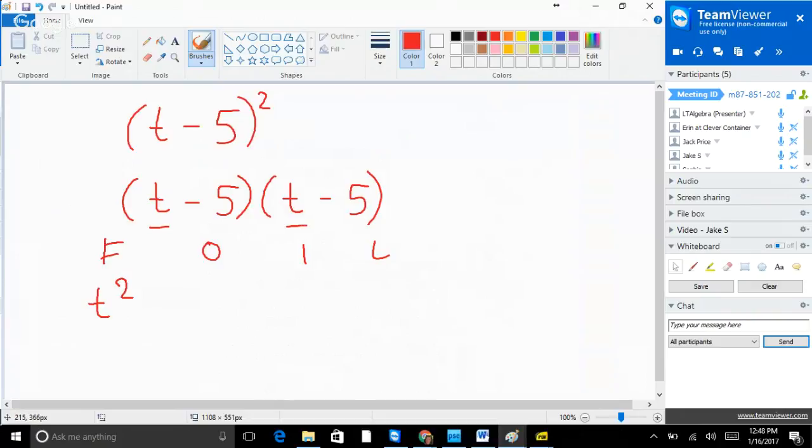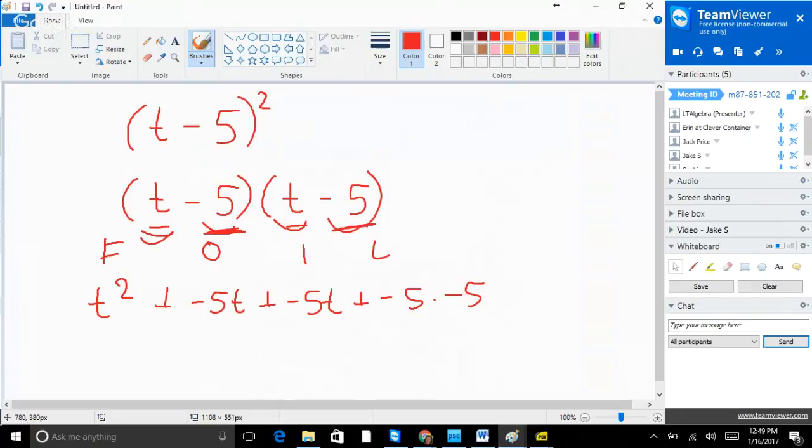Our outside is going to be times negative 5, so plus negative 5t. Our inside is negative 5 times t, so plus negative 5t. And our last is going to be negative 5 times negative 5.